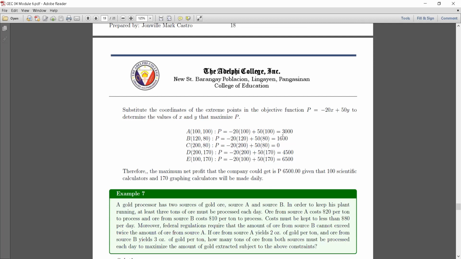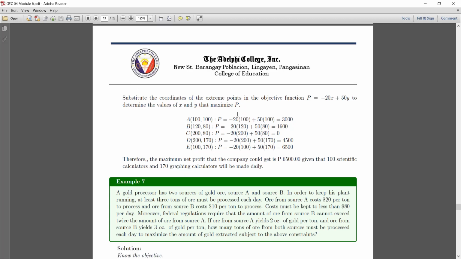Since we are maximizing, we just look for the largest profit. So, this time, it is point E, which is 100, 170. Therefore, our maximum profit is 6,500, given that 100 scientific calculators and 170 graphing calculators are made daily.